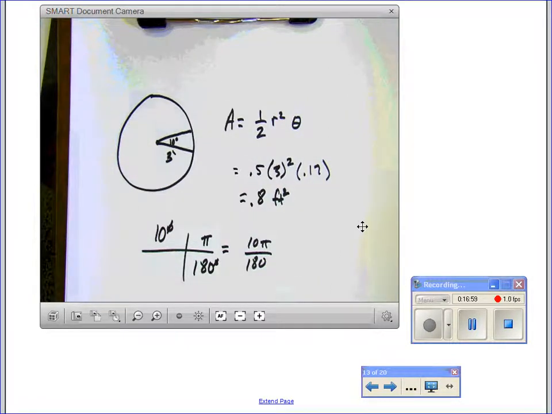Y'all look in your book, page 349. And let's just do some quick practice with this. Look here, 36 through 39.